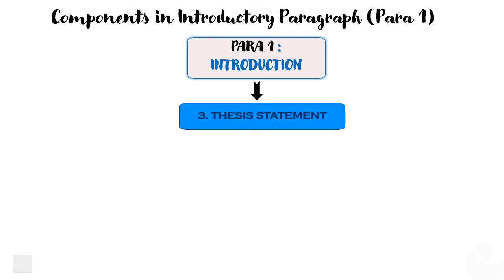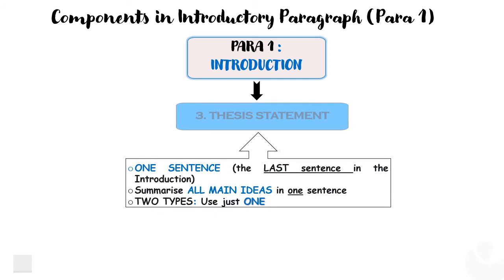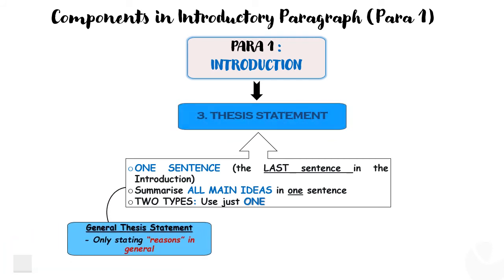The third or the last component in the introduction is the thesis statement. This component is written in just one sentence, and it summarizes all the main ideas the essay has. There are two types of thesis statement. One is a general thesis statement.